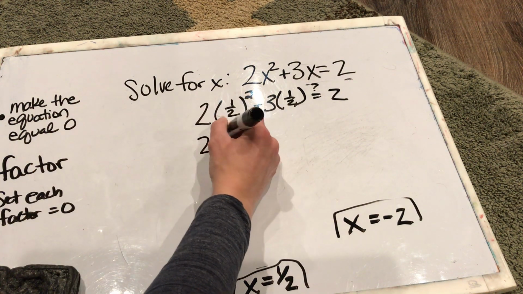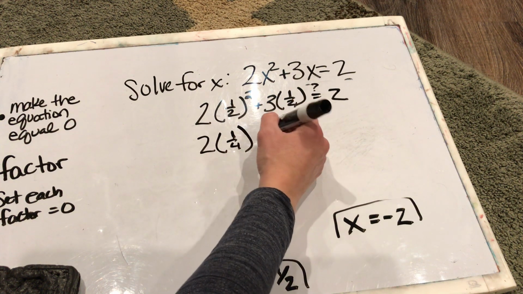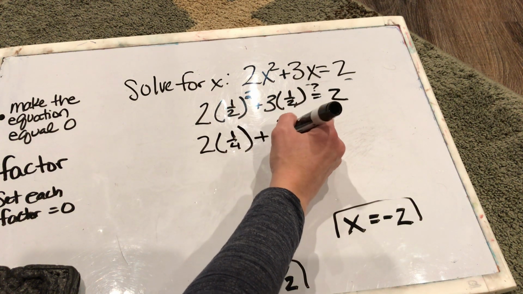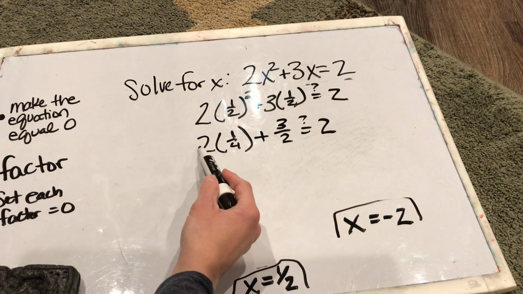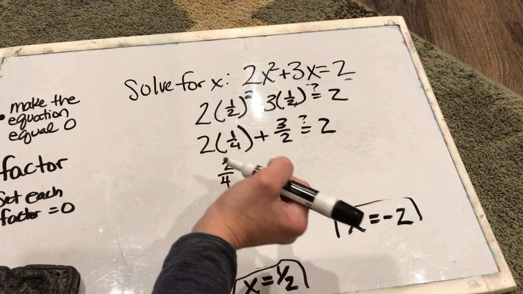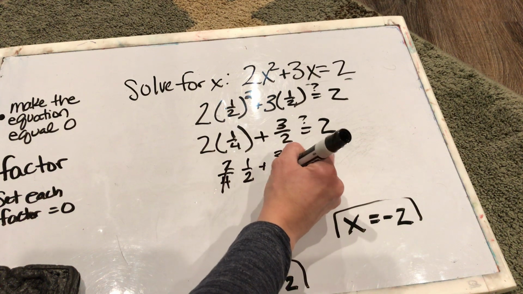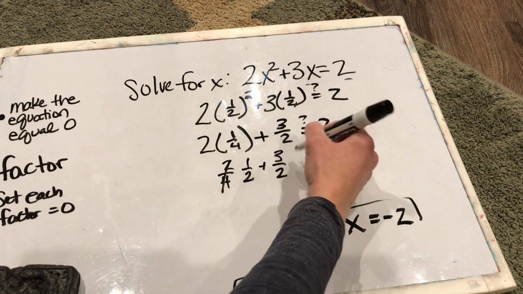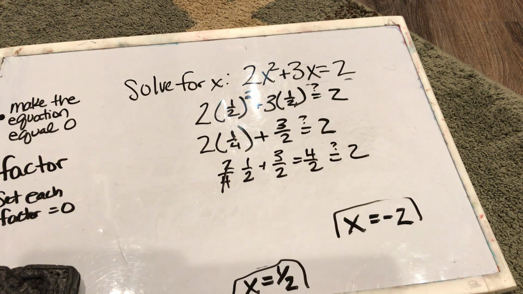So I have 2 times 1/4. And 3 times 1/2 equals 3/2. Is that equal to 2? 2 times 1/4 makes it 2/4, which is the same thing as 1/2. So 1/2 plus 3/2, what is that? It's 4/2. Is that equal to 2? Yes, it is. So this one works.